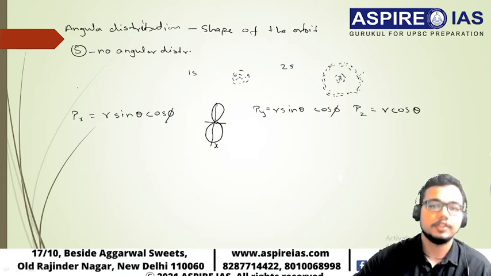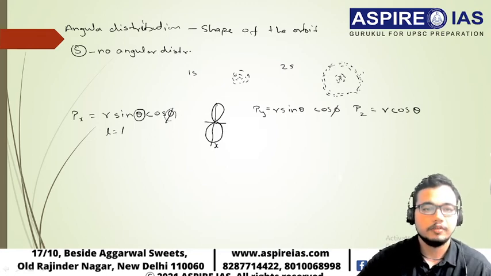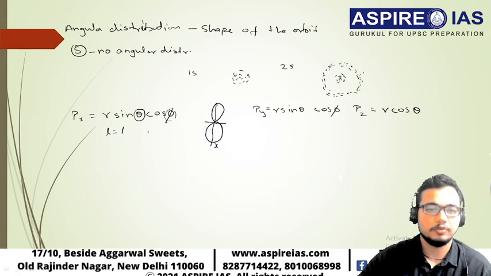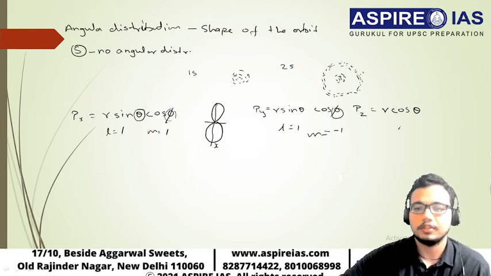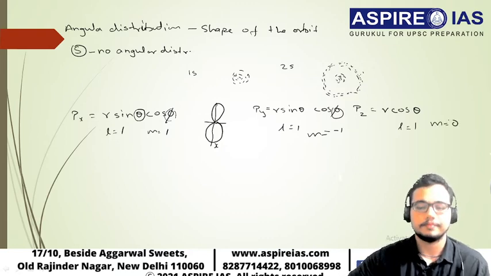Here you can easily calculate the values of l and m. The value of theta represents l, and the power is 1, so l is equal to 1. The value of phi represents m. If phi is with the cos, m is equal to 1. If phi is with the sine, m is equal to minus 1. For pz, l is equal to 1, that is the power of theta, and since there is no phi, m is equal to 0.